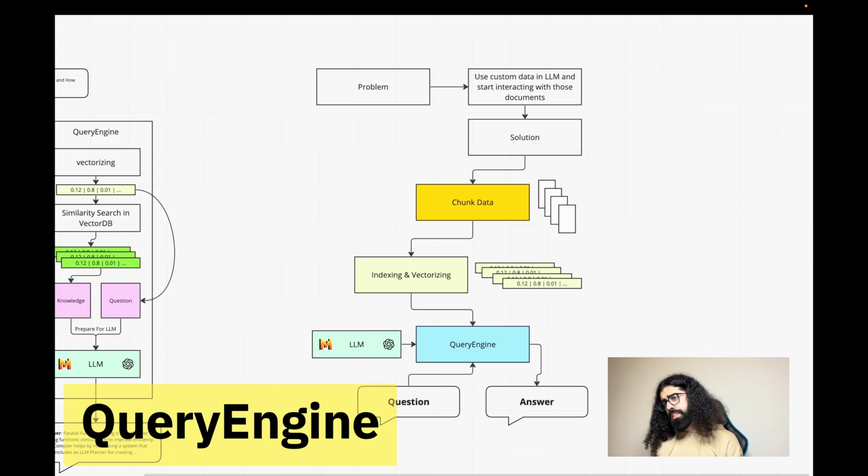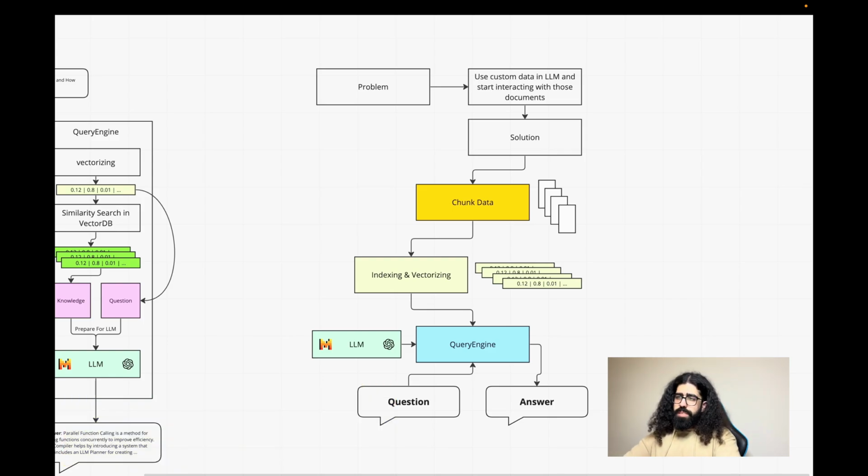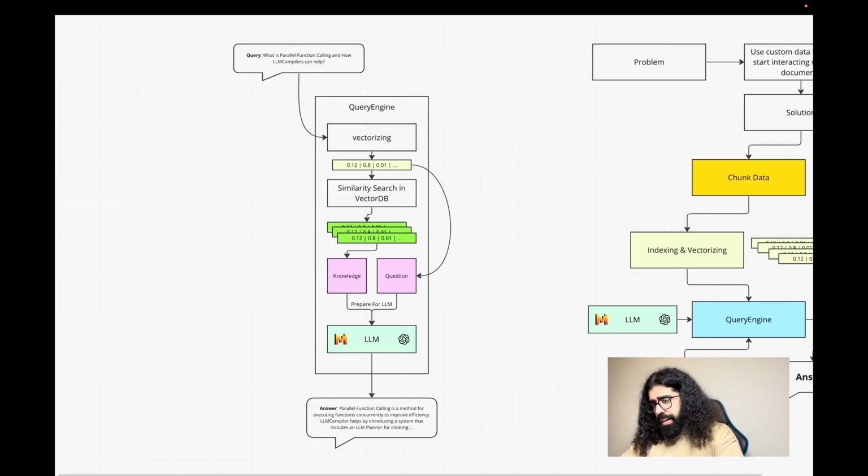The next step is the query engine. The query engine is one of the interesting solutions proposed by LlamaIndex. The way it works is, first of all, you ask a question, and then it will be vectorized.